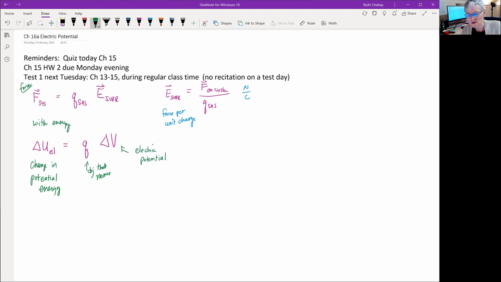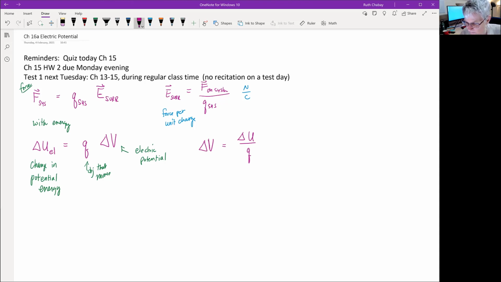And you can see that it's going to end up with the same kind of relationship. A change in electric potential, and that's a V, is going to be related to the change of electric potential energy divided by the charge of the thing that moves.